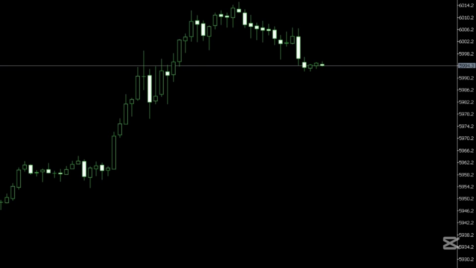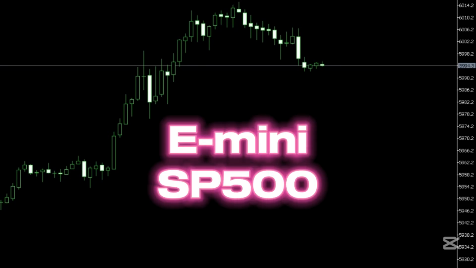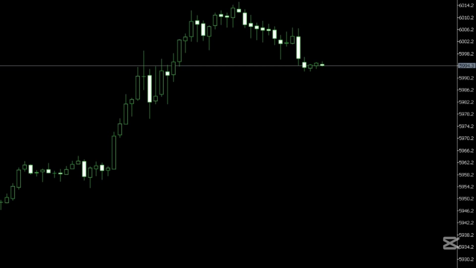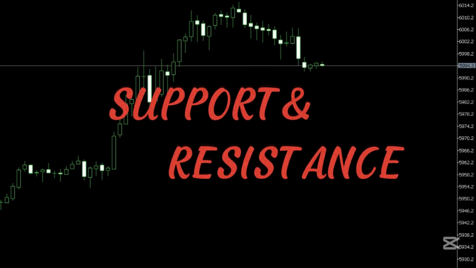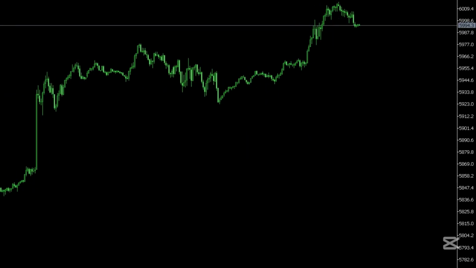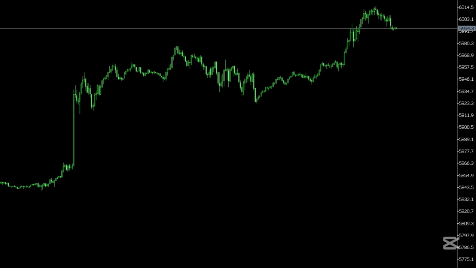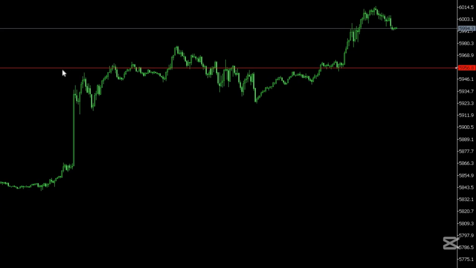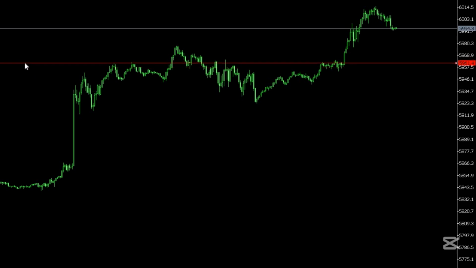As said before, this is E-mini S&P 500, and let's see how the retail traders put support and resistance lines. First, they minimize their chart so that they can have an overview of how the price is moving on E-mini S&P 500.